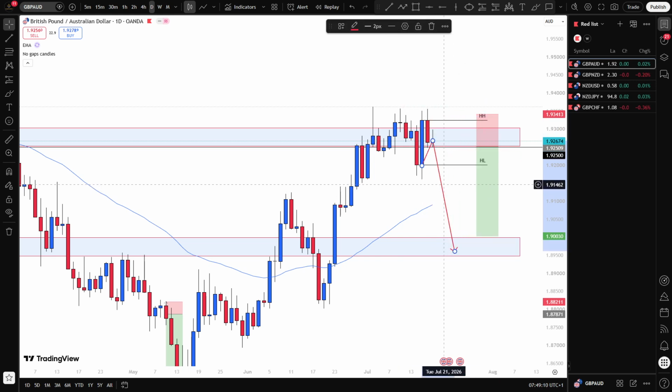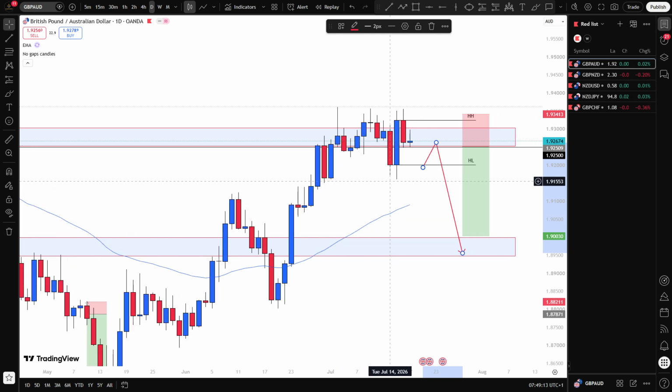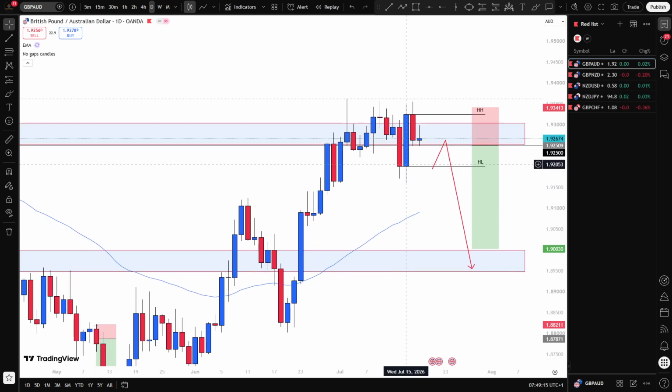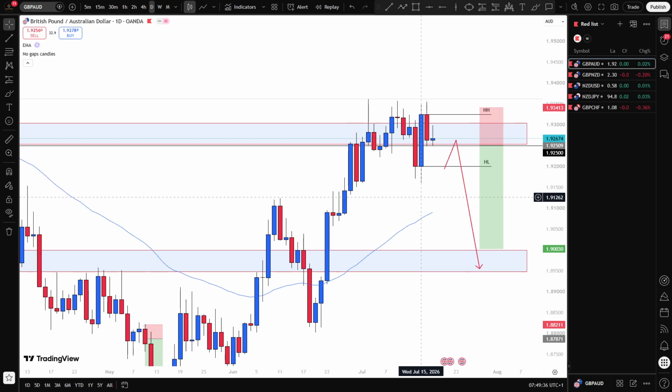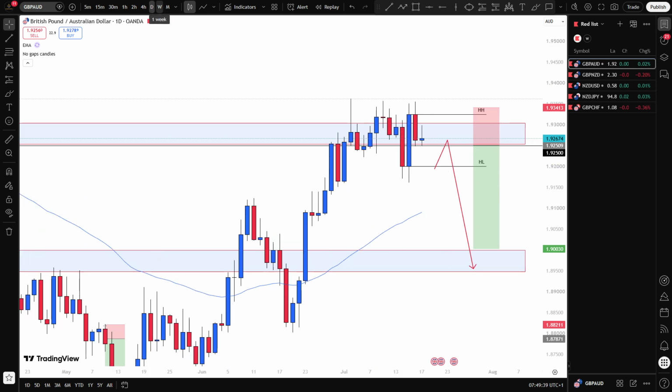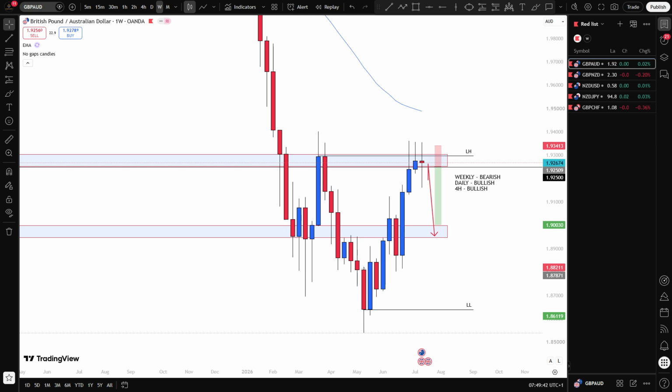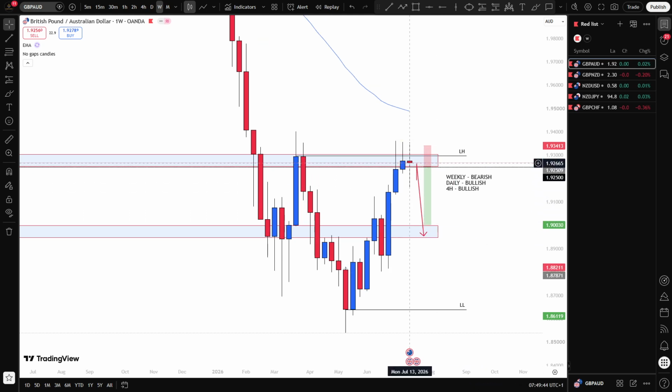So when I waited for this pullback to give me rejection here, price created this candle body close above the previous lower high to form a new higher high. That is why I was not interested in this trade, because I'm supposed to trade the pullback of the weekly time frame down to this place. So that is why I did not enter this trade.